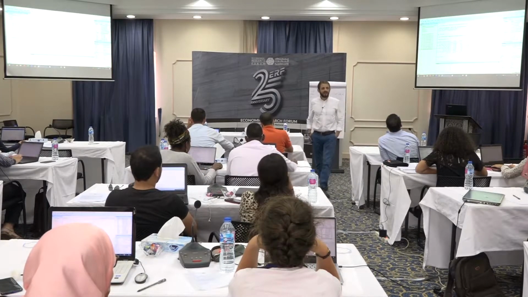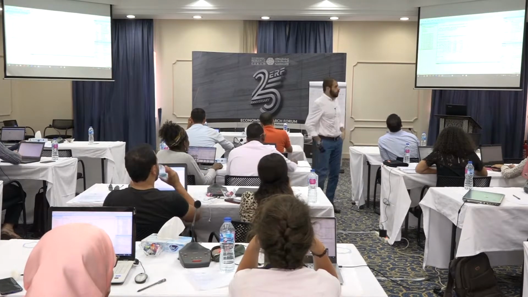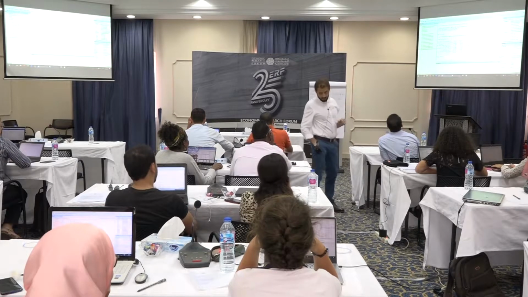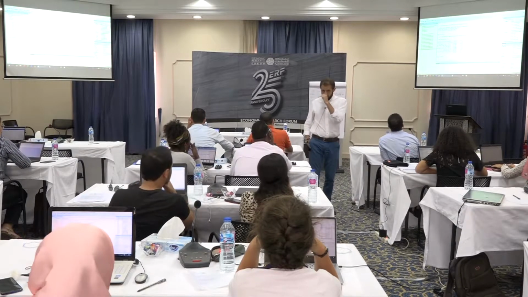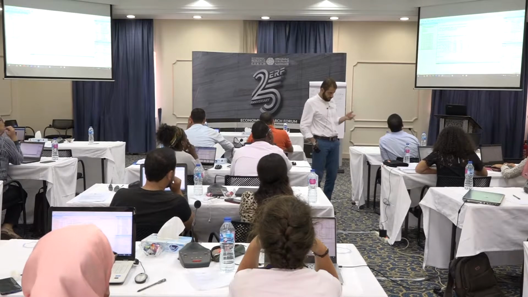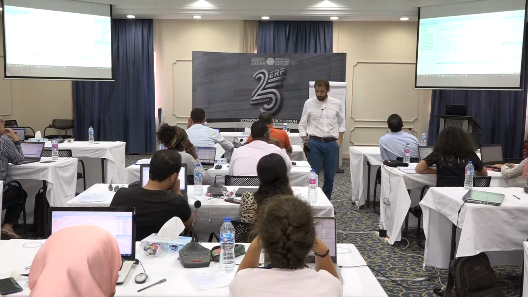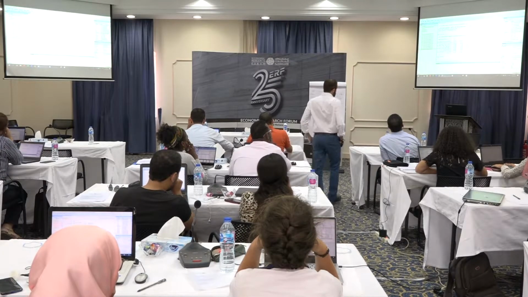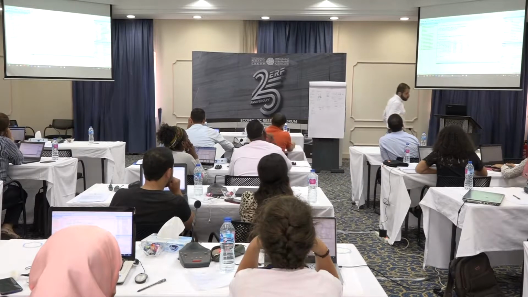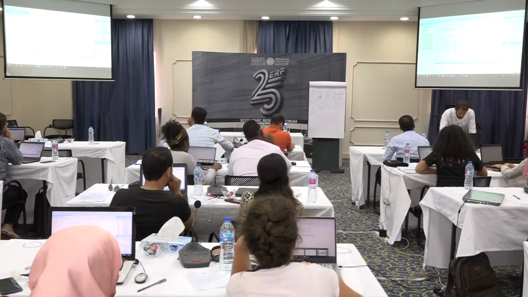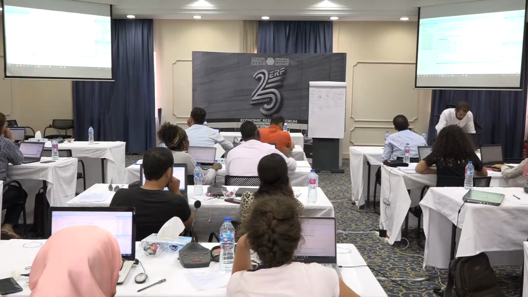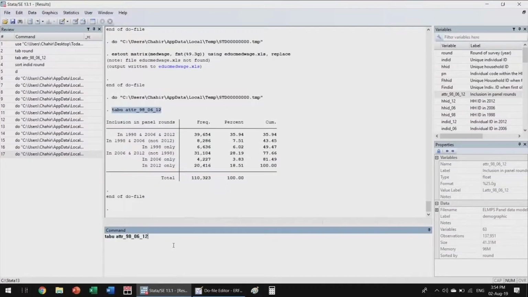So how can I determine which category is 1, which is 2 and which is 4? Because that is what we need in the command. Not necessarily by time. So in general, I can run the same command, but I will add the option nolabel.